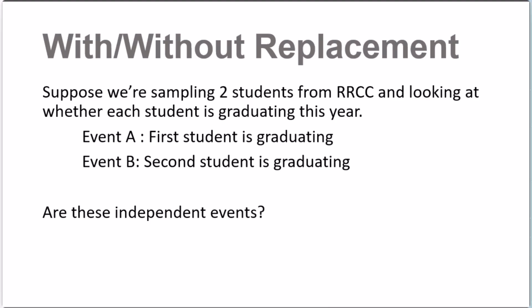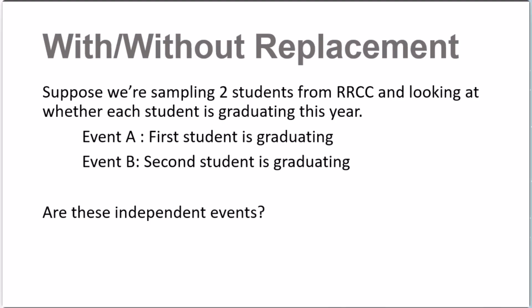Are these independent? Just like with the cards example, if we sample the first student and then return them back to the pool of students and then sample the second student, then these will be independent events, because it doesn't matter whether the first student was graduating or not. That's not going to affect the probability of the second student.